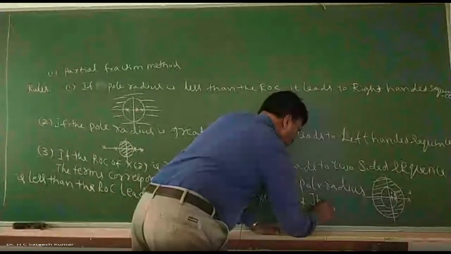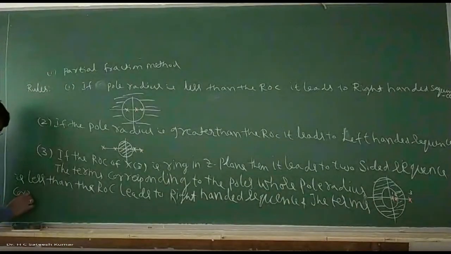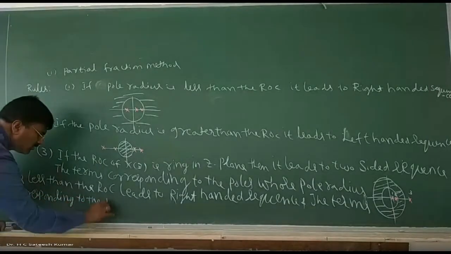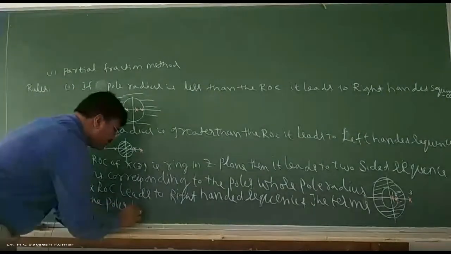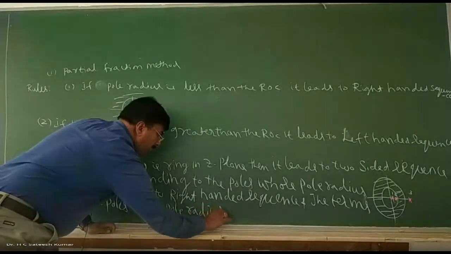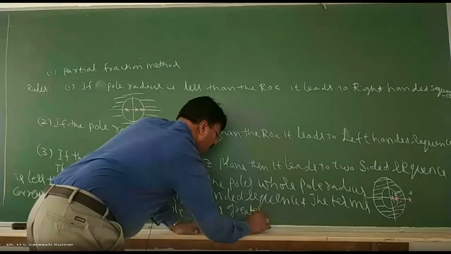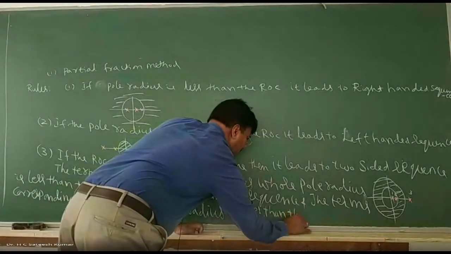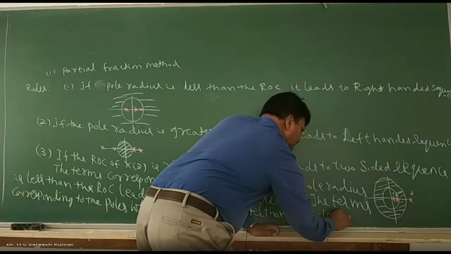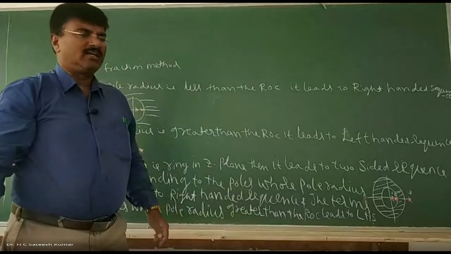And the terms corresponding to the poles whose pole radius is greater than the ROC leads to left-handed sequence. LHS, I'll write it. LHS meaning is what? Left-handed sequence.